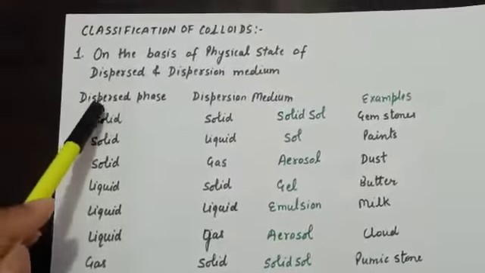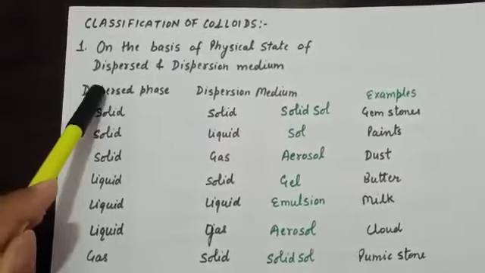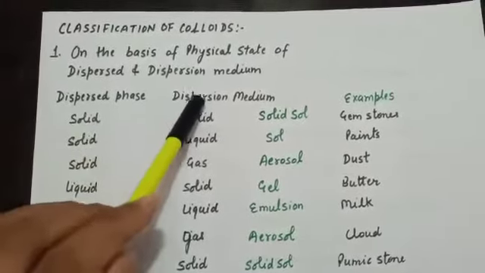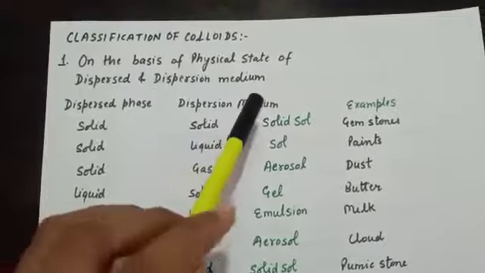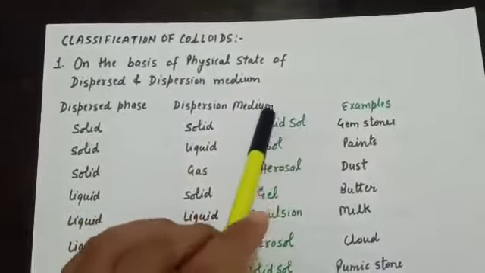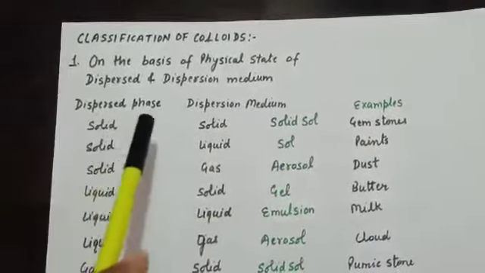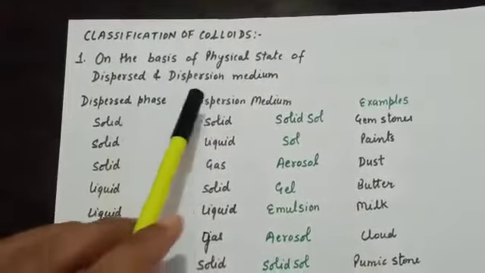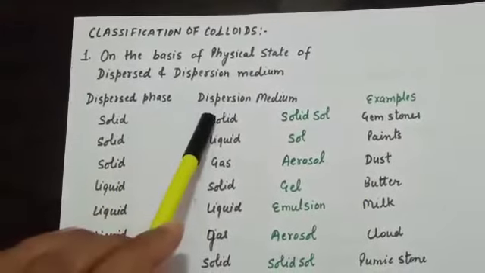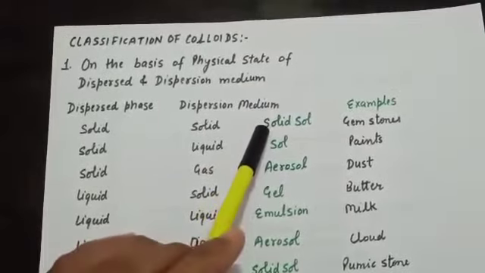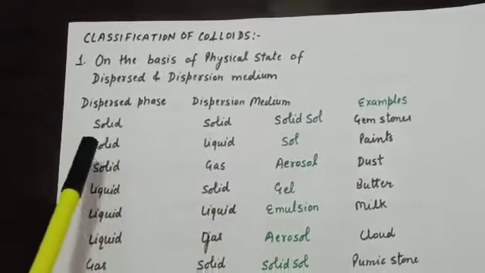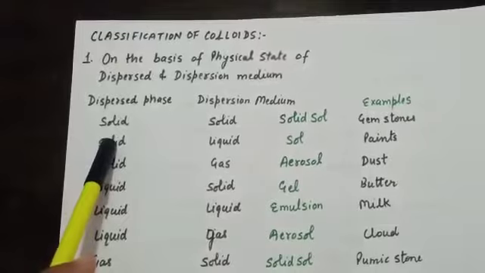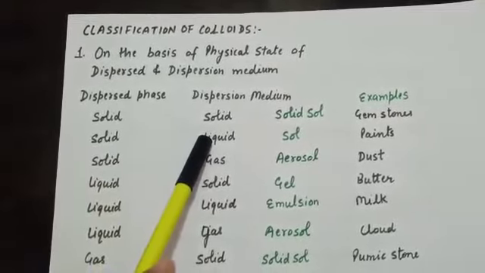First type of colloid is when the dispersed phase is solid and the dispersion medium is solid. That type of colloid is known as solid sol, and the example is gemstone. Next is when the dispersed phase is solid and the dispersion medium is liquid.